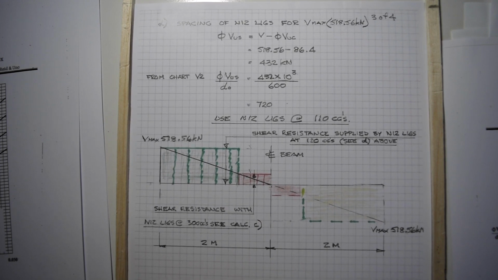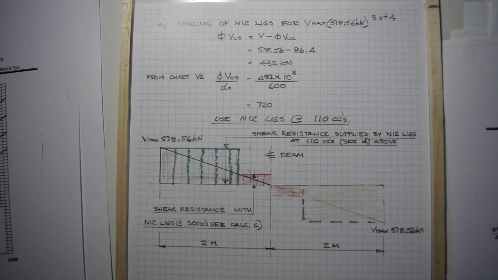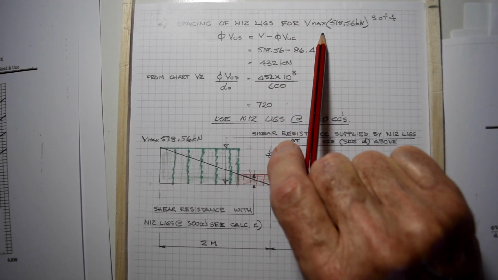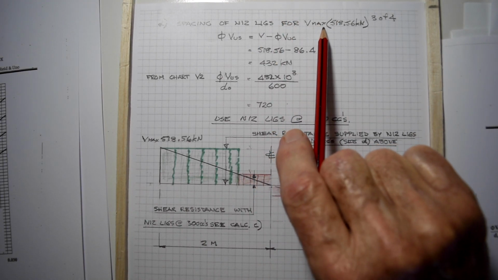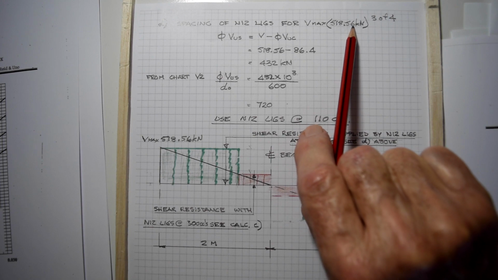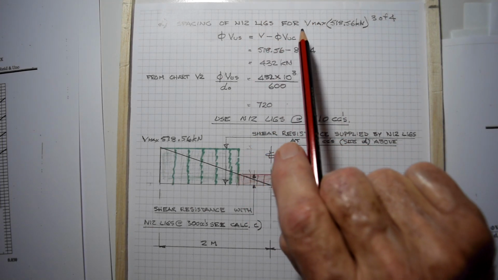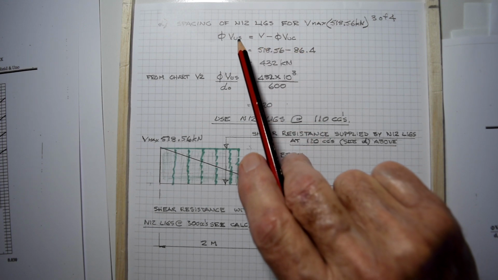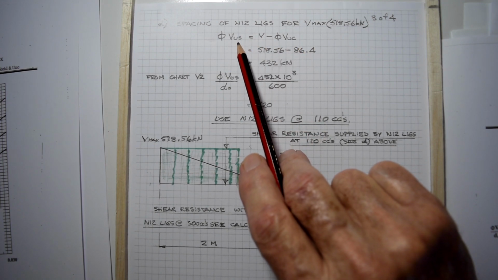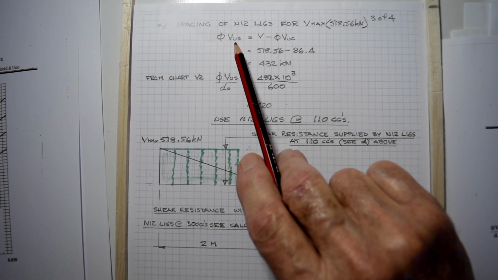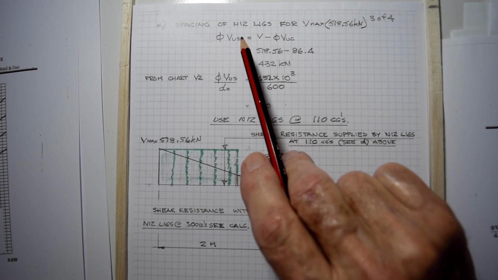The next thing we do is we work the D, as we did in the lecture. We work out the spacing of N12 ligs for the maximum shear force of 518.56 kilonewtons. So what we're looking for is the amount of shear that we have to cater for by using closer spaced N12 ligs.